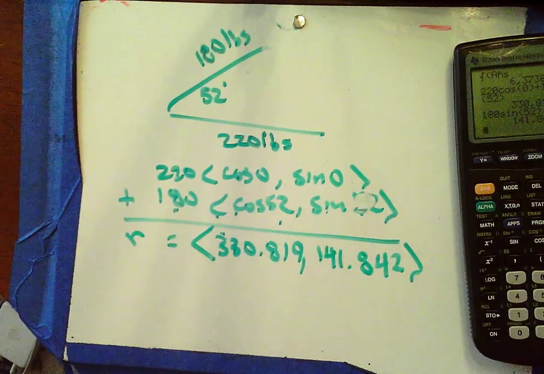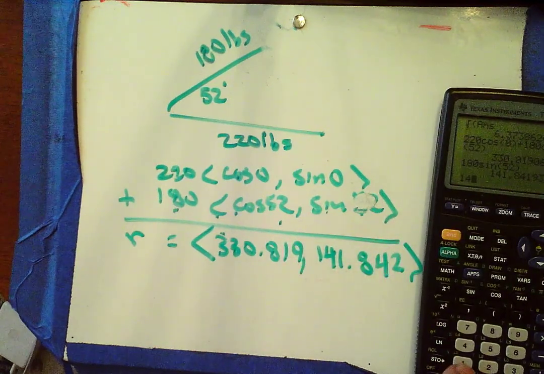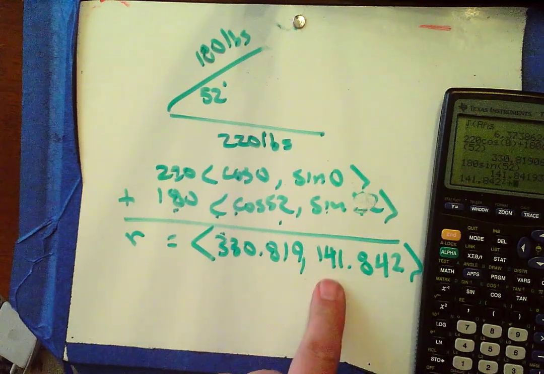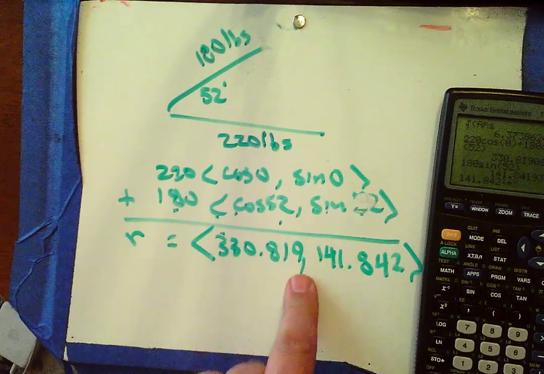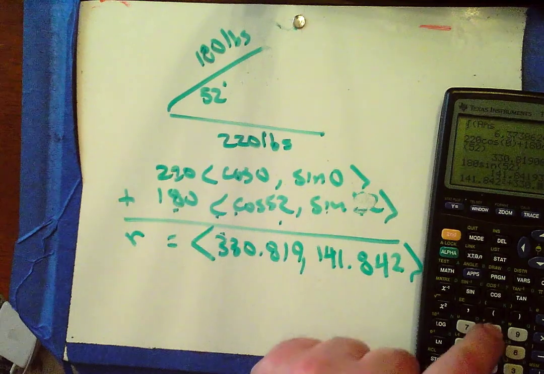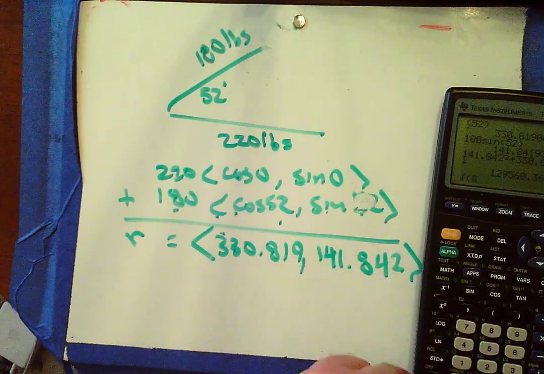And what are we asked to find? We're asked to find the magnitude. So I'll use the quadratic formula, 141.842 squared plus, I didn't mean quadratic formula, I meant Pythagorean theorem, plus 330.819 squared. Don't forget to take the square root.